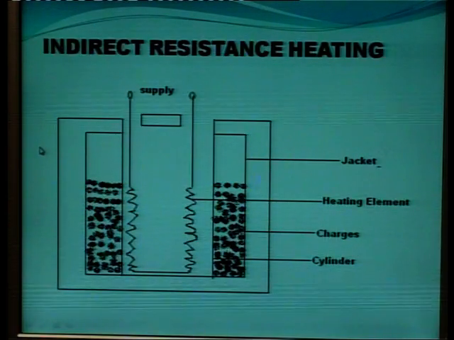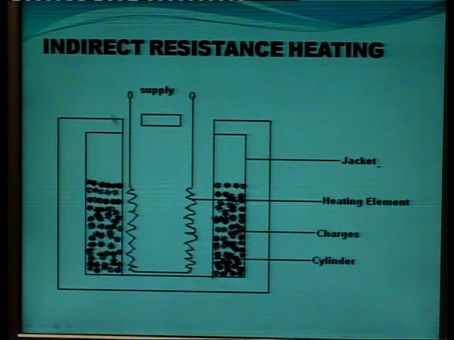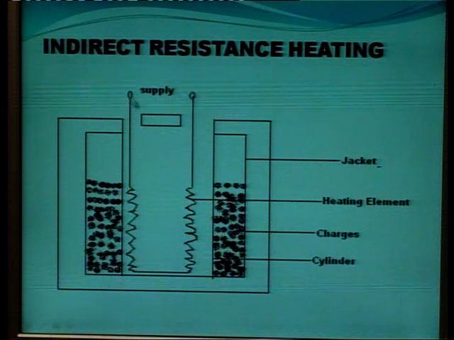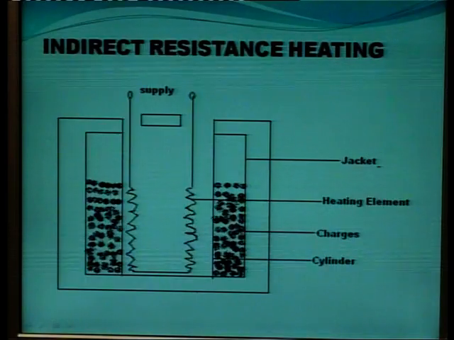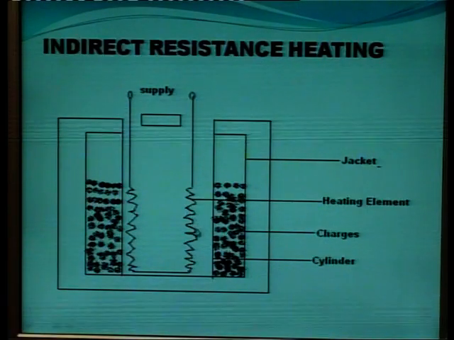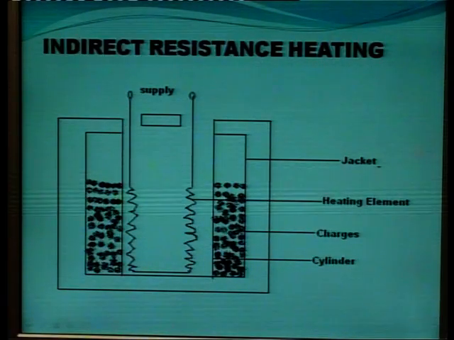Now in this indirect resistance heating, here we are using high resistant material. Now this is a charge. Now see, this high resistance wire and charge, they are not in direct contact with each other.